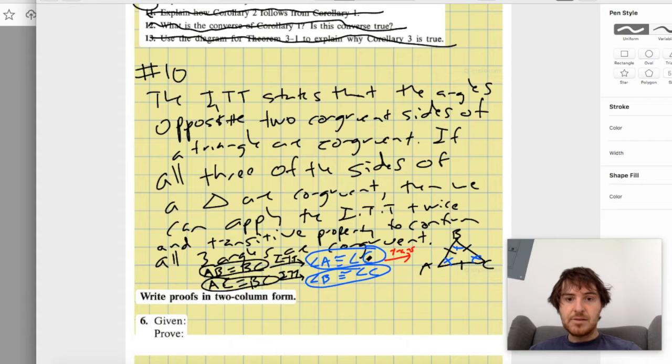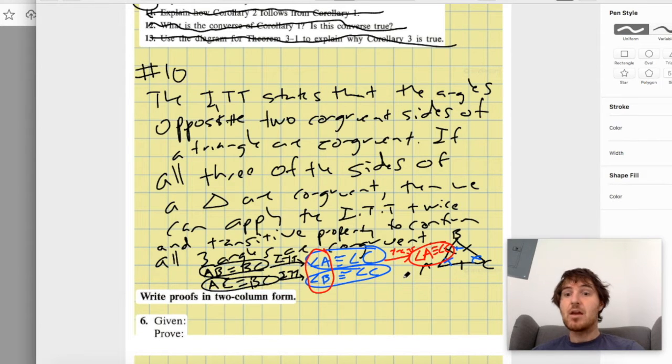Angle A and angle B are both congruent to angle C, right? And when two things are each congruent to the same thing, then they are congruent to each other. That is the transitive property of congruence. So I have "trans" here for transitivity, and we're going to get angle A is congruent to angle B.